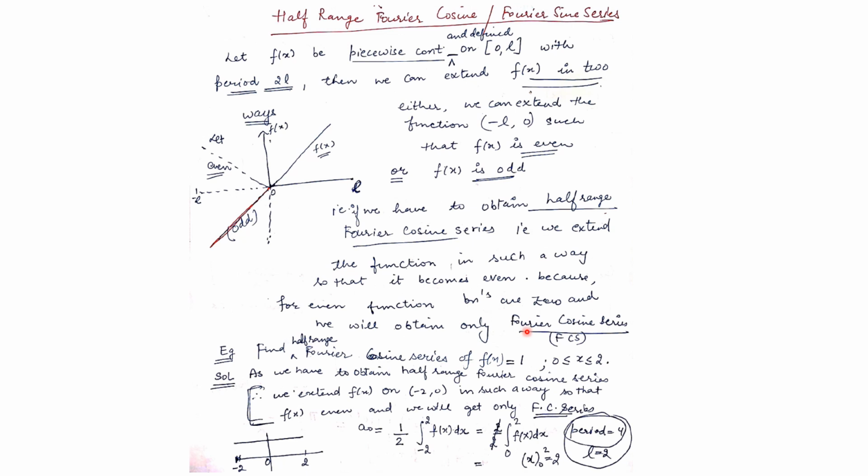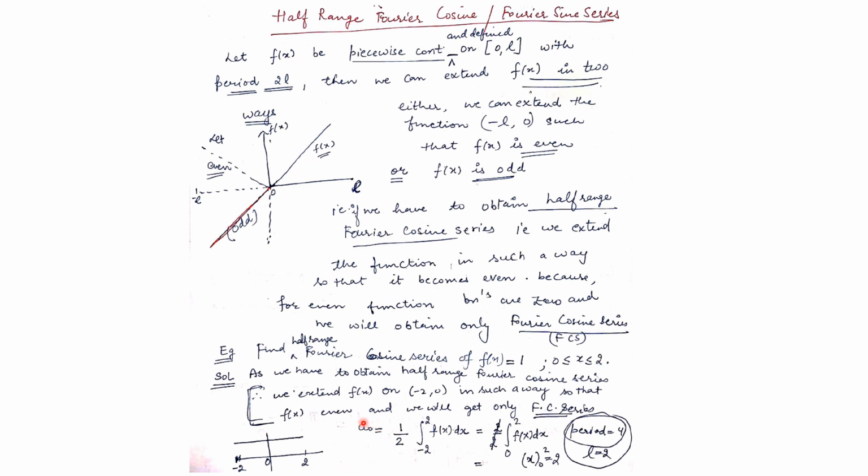So we will get only Fourier cosine series. For example, if we have to find the half range Fourier cosine series of the function 1 on the interval 0 to 2, we have to obtain the values of only a0 and an's.